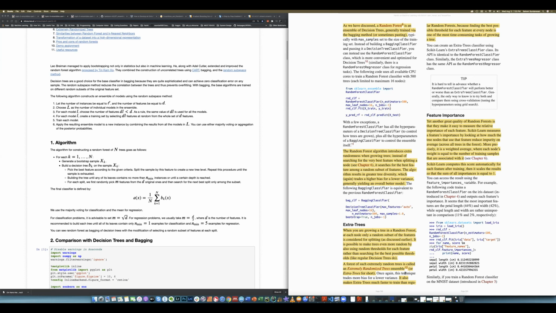So it says at the end of the second paragraph of extra trees that finding the best possible threshold for each feature at every node is one of the most time-consuming tasks. Correct. Right. So if you are anyway using your compute to calculate the best possible threshold and then just randomly choosing a threshold. No, you're not doing that.